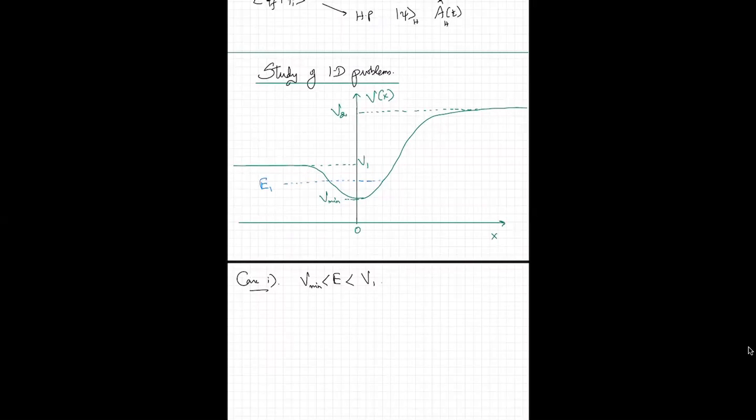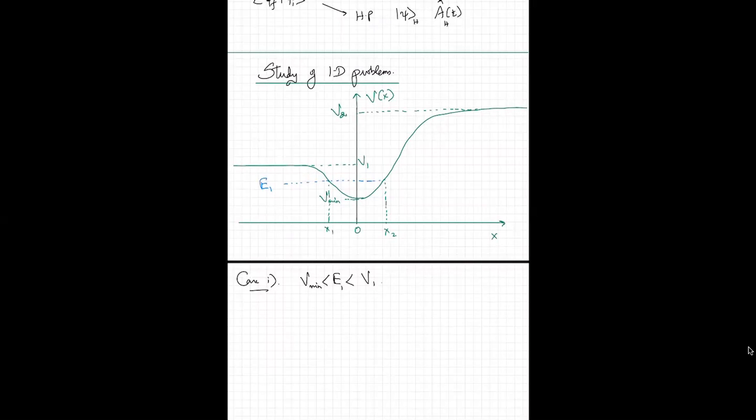Let us call this E1 just to be consistent. Now, what do you expect will happen classically? Well, the particle can at most go from this point, which I will label as x1, and go to this point, which I will label as x2.